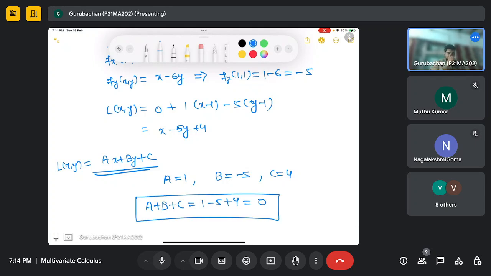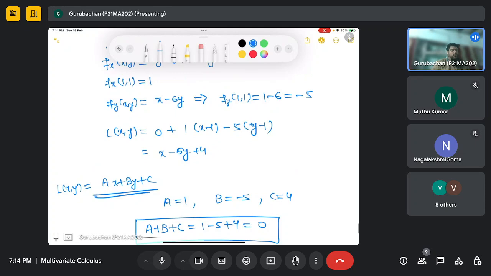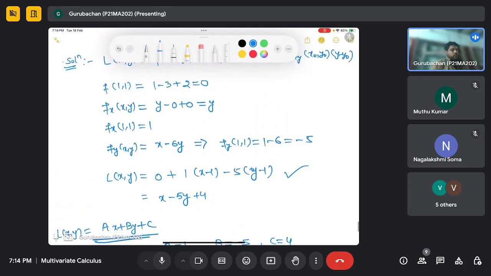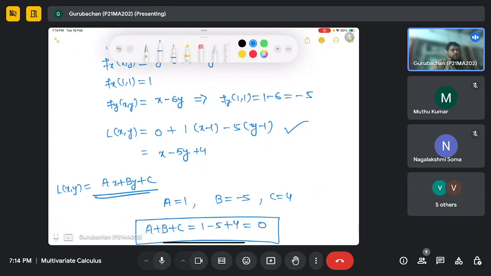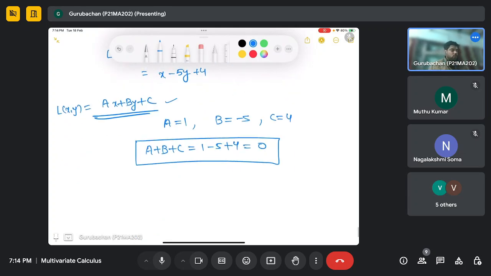Okay. So you have first computed the linearization of this function, and you have compared it with the given linearization equation. Then you have added these constants a plus b plus c. So let us move to the next question, which is question number 8.